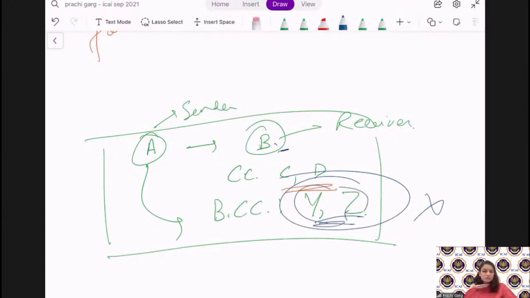Y and Z know who sent the email. Am I clear? Yes. Any problem so far? Are we clear about CC and BCC?